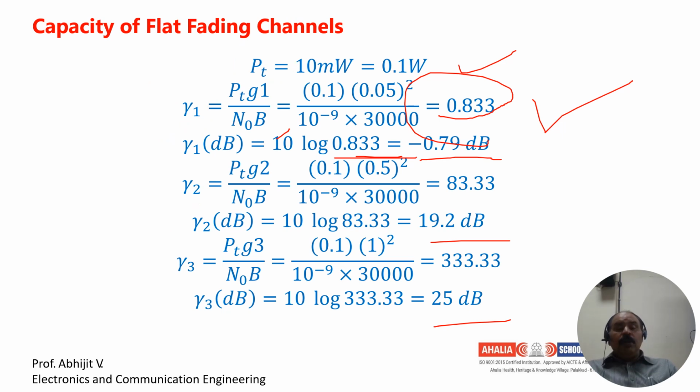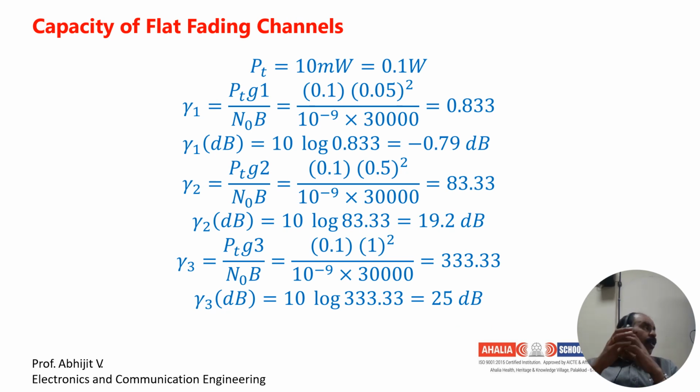The first step towards solving this problem, we have calculated signal to noise ratio for the 3 points that were given, G1, G2 and G3 with their respective probabilities. We have already seen that signal to noise ratio gamma is given by transmitted power PT into GI by N0 into B.